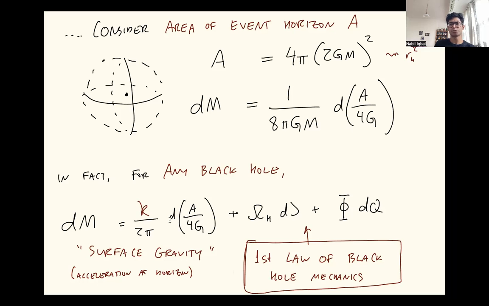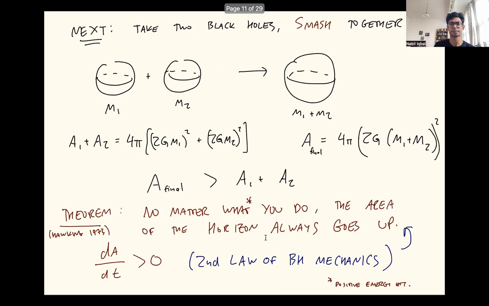And this expression, which you can derive by doing some general relativity type stuff, is called the first law of black hole mechanics. To some of you, it should already be clear why this is called the first law, but let's just keep this in mind while we look at the second law of black hole mechanics.